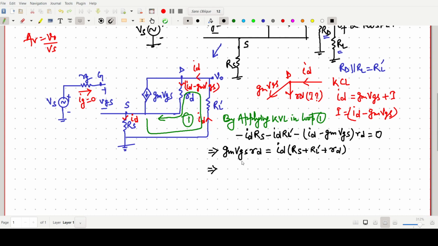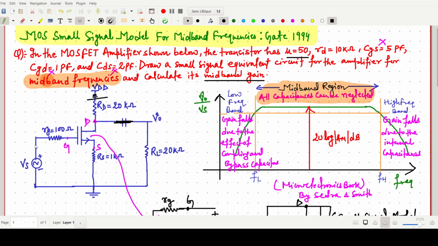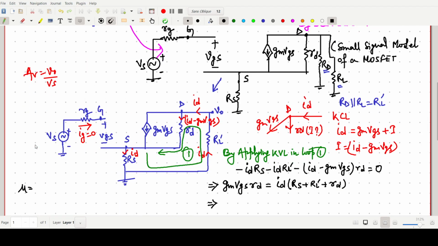One more thing, in the question there is a term mu given. So that thing I want to tell, what is mu. There is a term mu is 50. Okay, mu is 50. So this mu is nothing but simply our intrinsic gain. So what does it mean? Basically the intrinsic gain is defined as A naught.